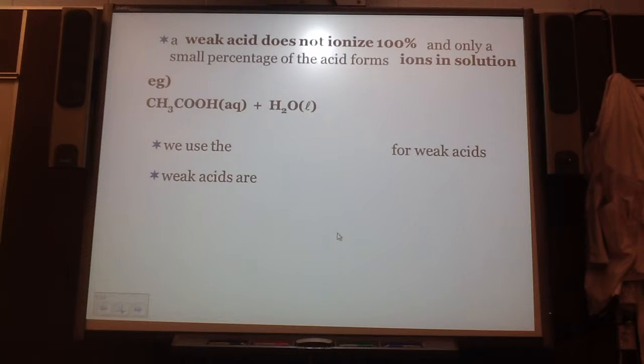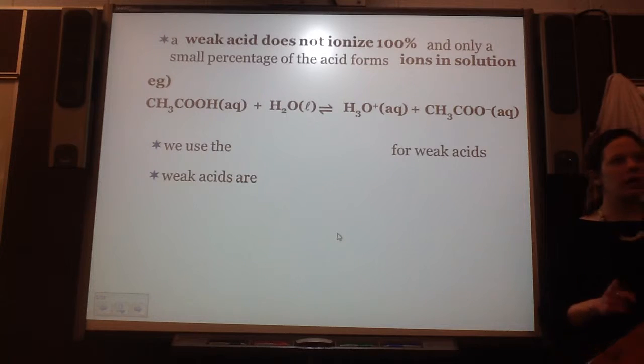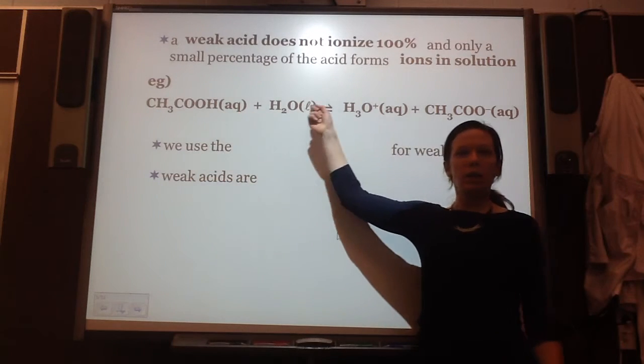So for example, if we have our acetic acid, our vinegar, CH3COOH aqueous, plus water, liquid, gives us H3O+ aqueous and CH3COO- aqueous. But look here, what kind of arrows did I use? I call those equilibrium arrows, because that means that not everything from here becomes this.